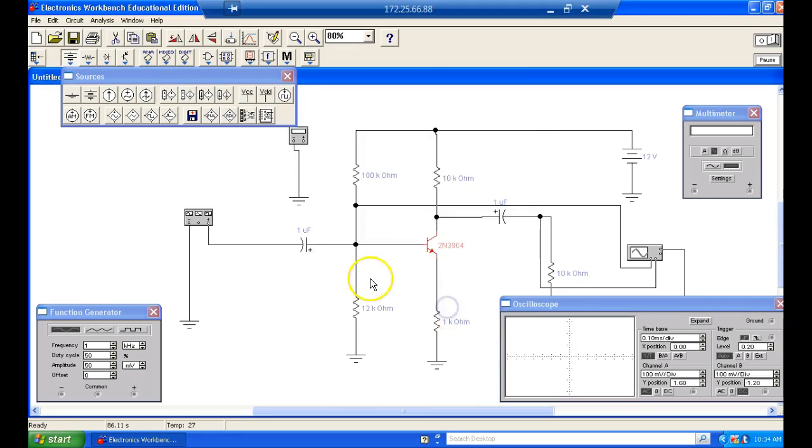So let's short it collector to emitter. This is going to be easy to identify, because now this is going to be a 10K in series with a 1K, right? So this is going to drop 1/11 of the voltage. This right here is going to drop 10/11 of the voltage. It's still going to be a telltale sign if the simulation works right.